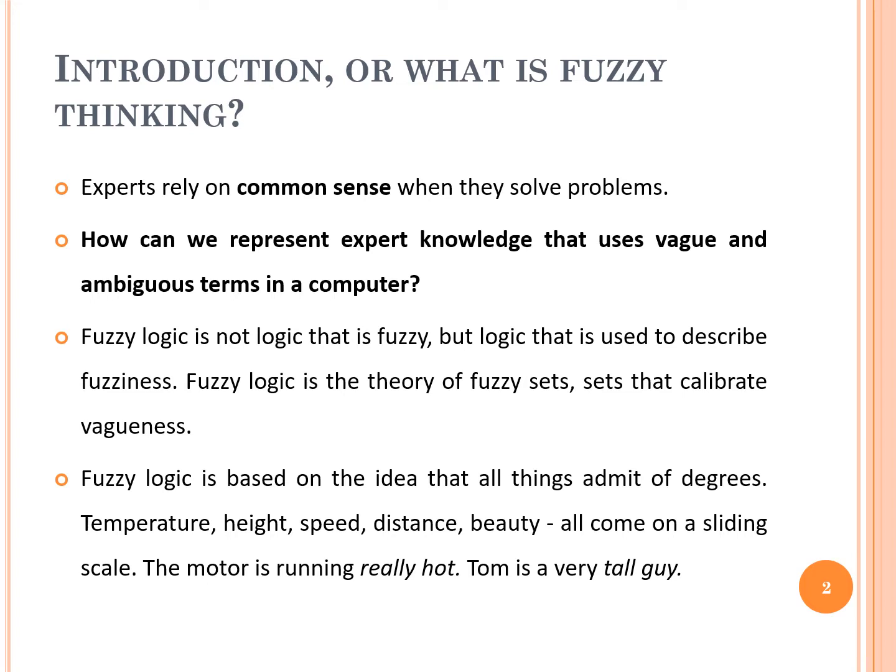You can have a continuous sliding scale. For example, the motor is running really hot. Really hot. What do you identify as really hot? You can put it in states. Tom is a very tall guy. Also a tall guy, we can put into a scale.